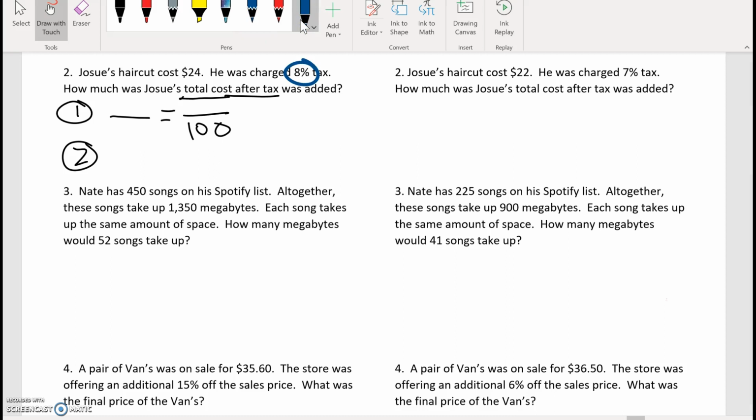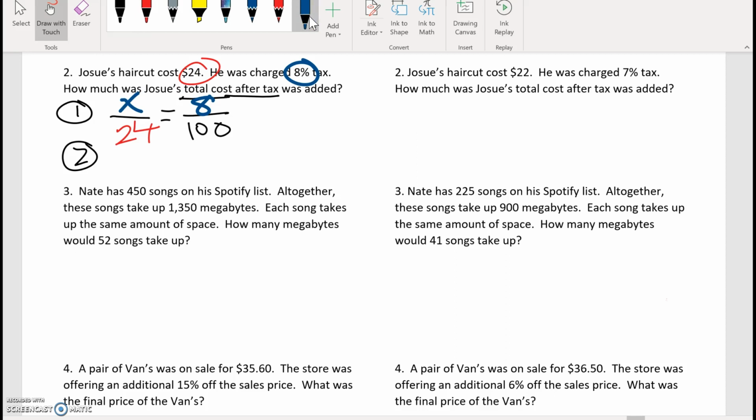So it says it's 8% tax, so I'm going to put 8 on top. The other information it gives me is that his haircut cost $24. So if we're doing up top, it would be saying that $24 is tax, but that's not what it's saying. It's saying that the haircut is $24, so that's going to be my total. And that means that X is going to go up here on top, okay?